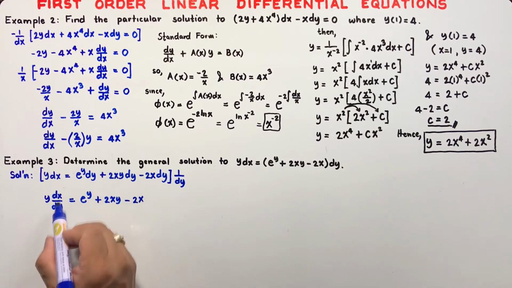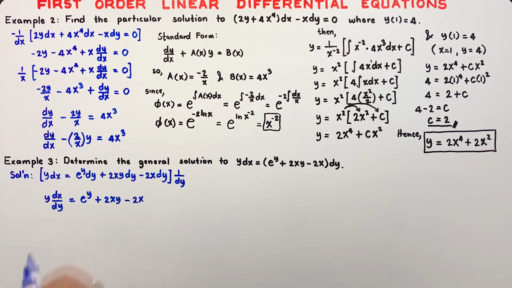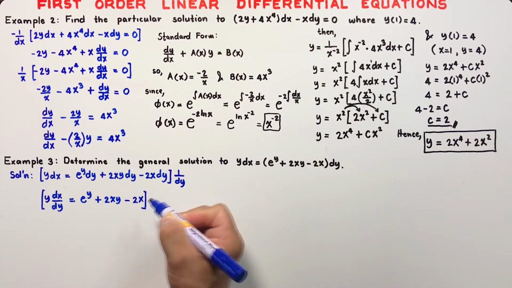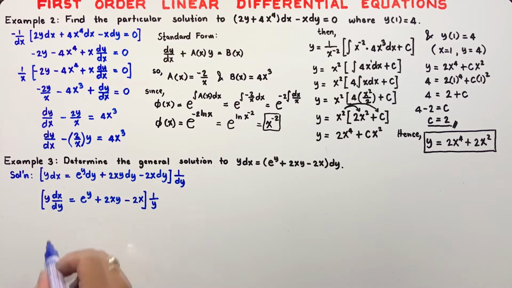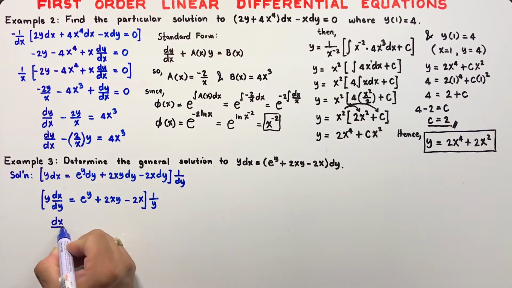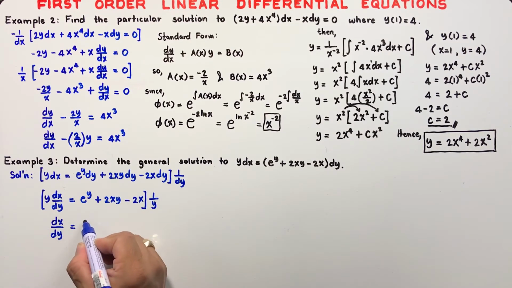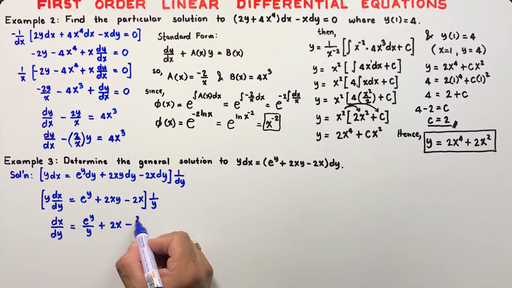But we notice that our derivative of x with respect to y has a coefficient of y. So we also need to eliminate y by multiplying both sides of the equation by 1 over y. So we have dx over dy equal to e to the power y over y plus 2x minus 2x over y.